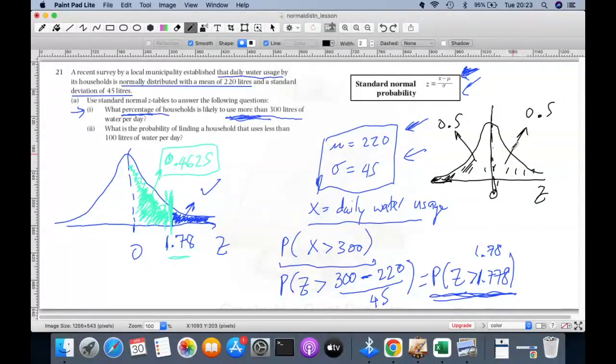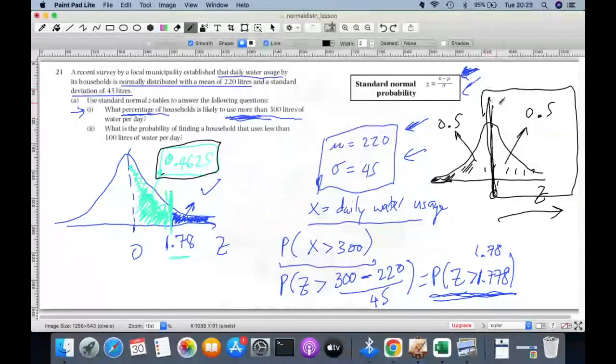So let's look at everything on the right. If half of that is 0.5, and you've worked out this part to be 0.4625, then what would be this remaining blue area?